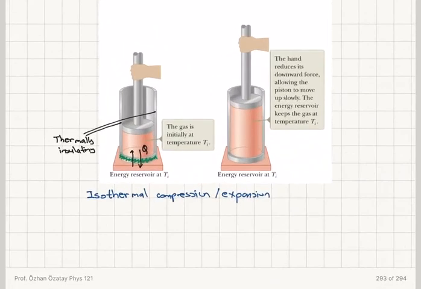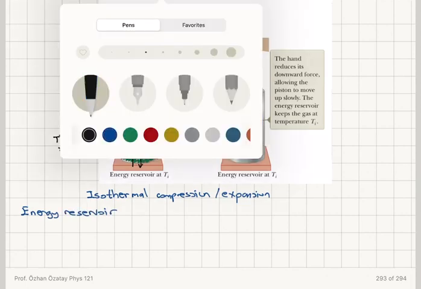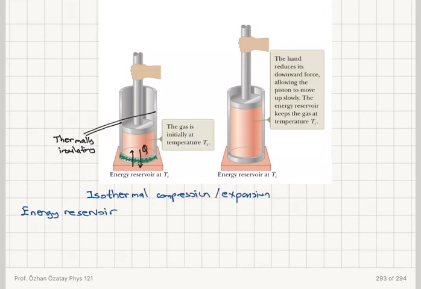Okay, and what is an energy reservoir? So let's define energy reservoir, or heat reservoir. This is going to be a source of energy, which has a very large heat capacity.